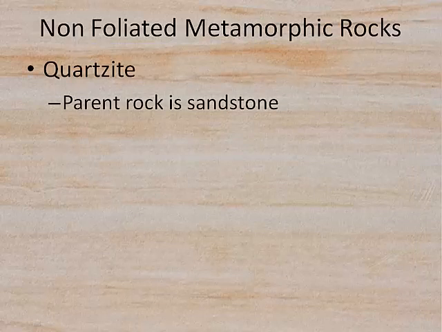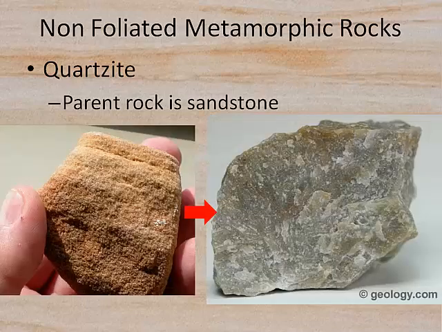There are two basic types of metamorphic rocks. The first type we're going to talk about are non-foliated metamorphic rocks. Foliated means layered. So these are metamorphic rocks that don't have layers. The two common ones that we're going to talk about, one of them is called quartzite. In quartzite, the parent rock is quartz sandstone.